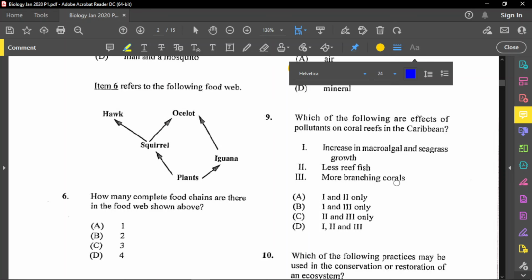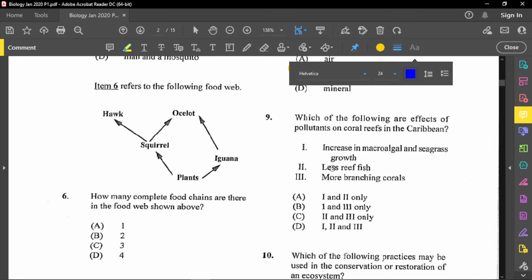If you look at the question and really think about what it is asking us, which of the following are effects of pollutants on coral reefs. Yes, if you have pollutants, you're going to increase microbial growth. Definitely, because you can also have a concept called eutrophication, and eutrophication can increase the amount of bacteria present there.